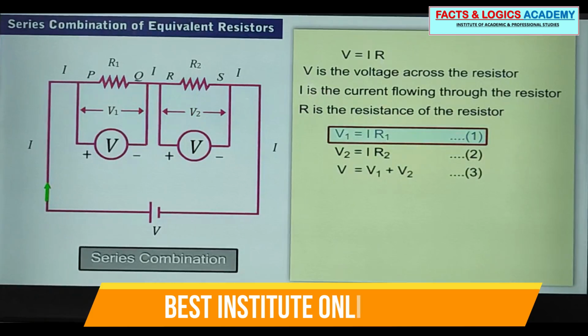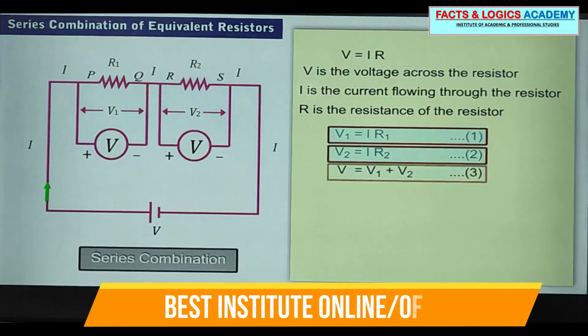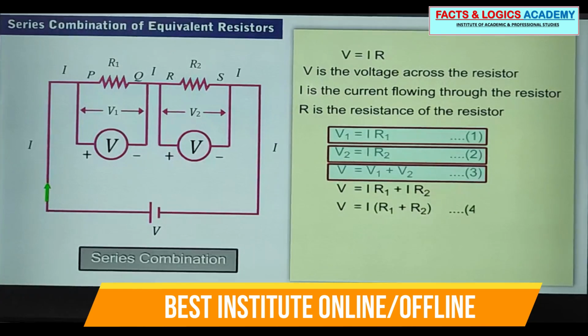Substituting equations 1 and 2 in 3, we get V is equal to IR1 plus IR2. V is equal to I into R1 plus R2. Let us label this as equation 4.